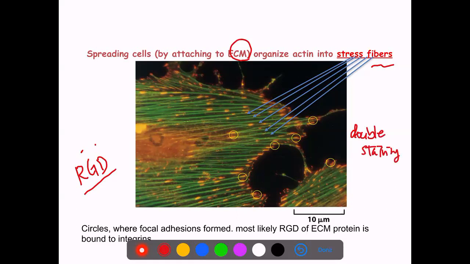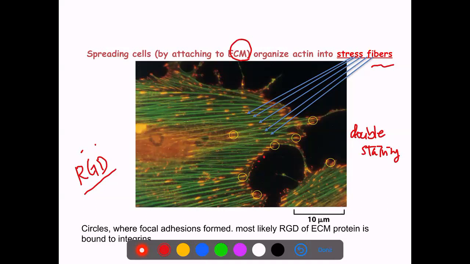The green is actin, and then this focal contact area is where they are actually binding to the extracellular matrix here, right? So here, I think they also used a different color of tagging protein, probably red. That's why you will see the yellow staining over here.